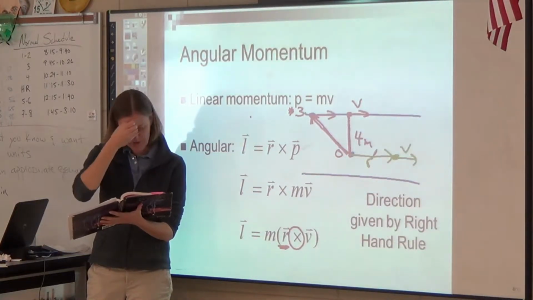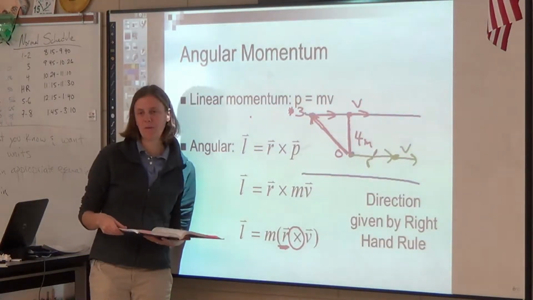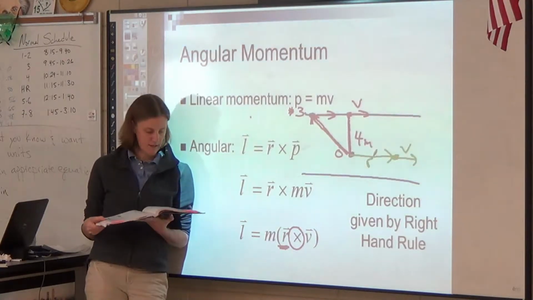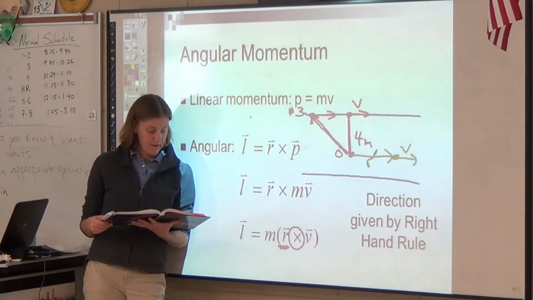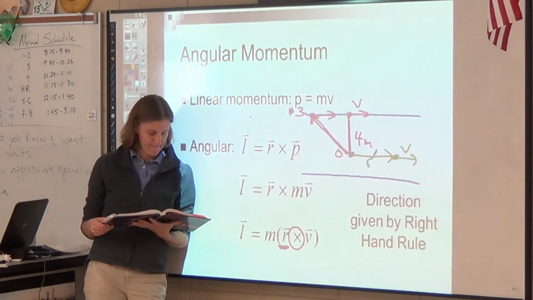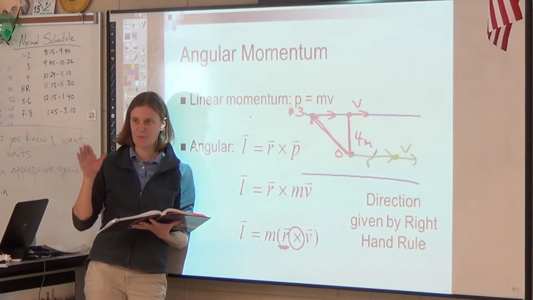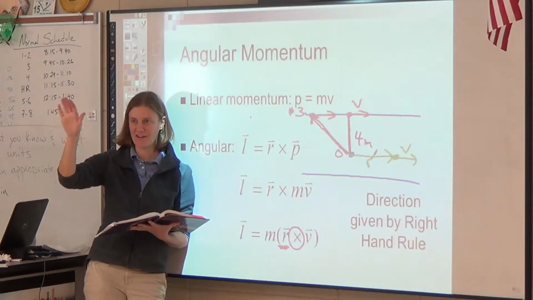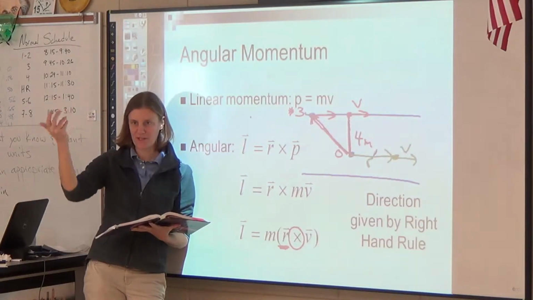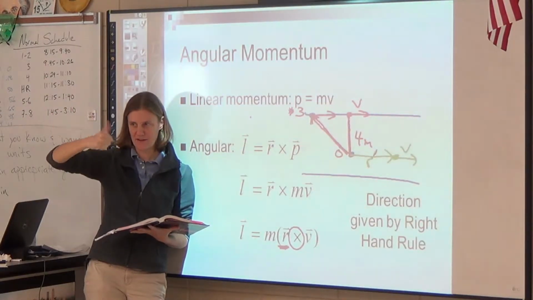Okay, which particles have a negative angular momentum? Meaning, do your right-hand rule. So you point your right hand towards the R, curl your fingers towards the V. Which one's going to be up, which one's going to be down?